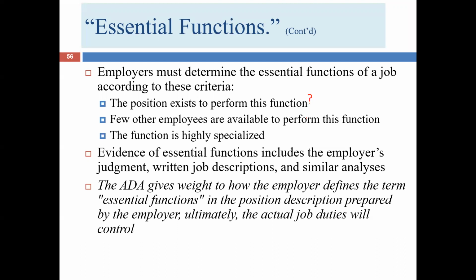It wouldn't make sense for the manager to be the relief receptionist in most cases. And the receptionist does need to take breaks and does need to have lunch and things like that. So it could be that the secretary as a relief receptionist, when there are relatively few other people who could take on this role, could be an essential function of the job.